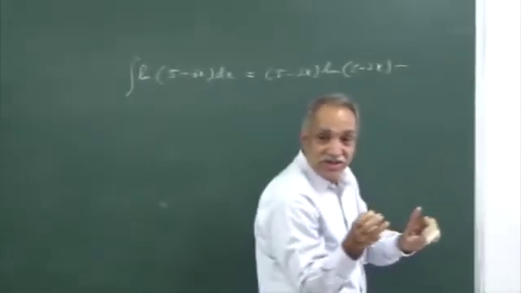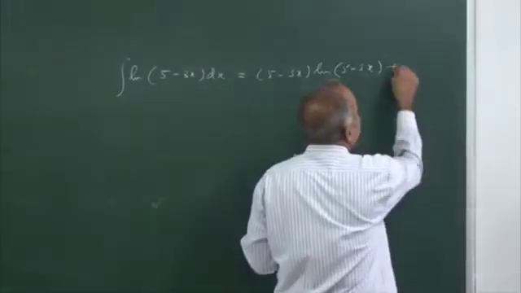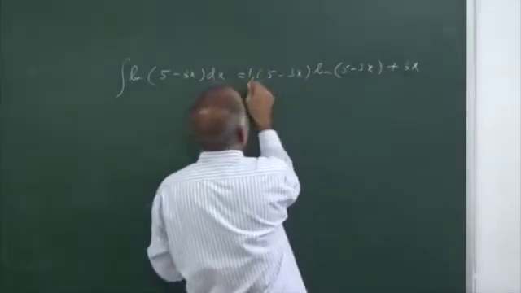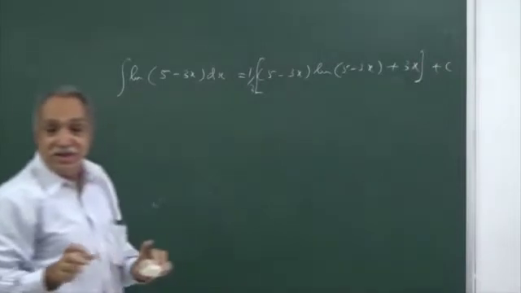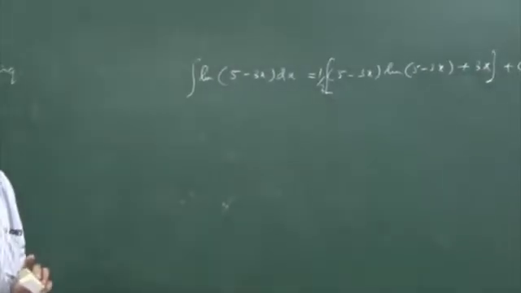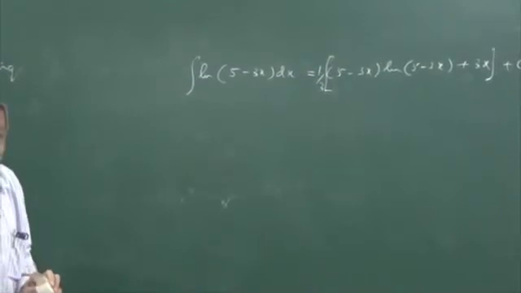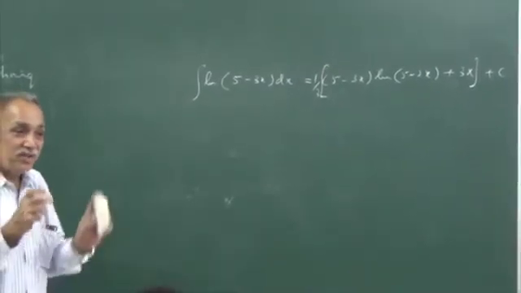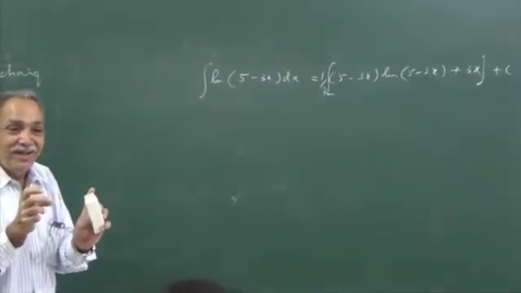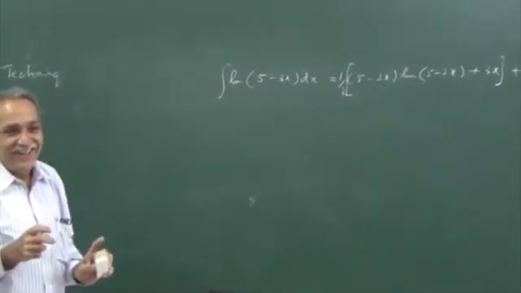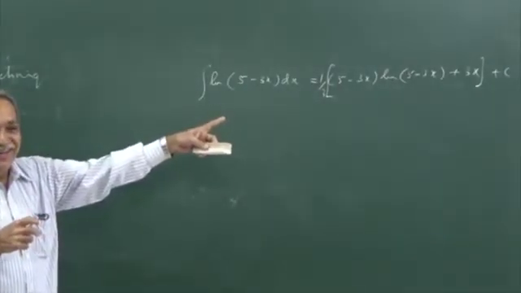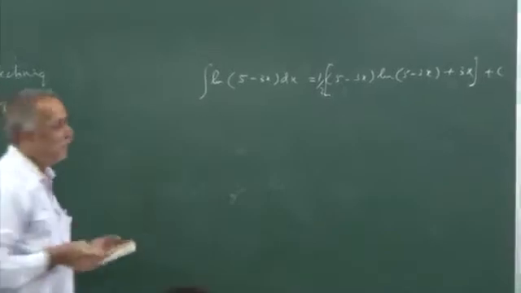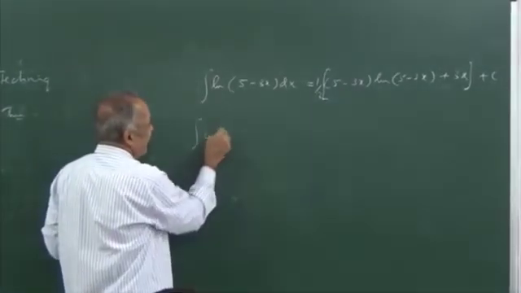X log x minus x. Agreeable? Which term did I drop? Not the number of the term, what is the content of that term? It has been swallowed by that C at the end. Agreed, I think.